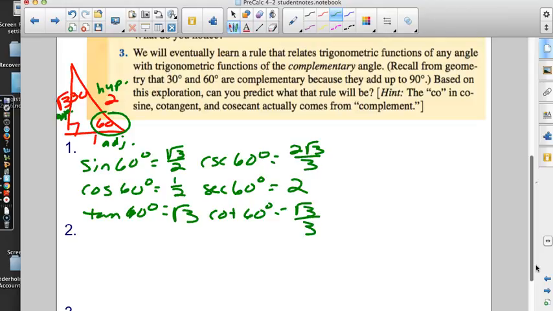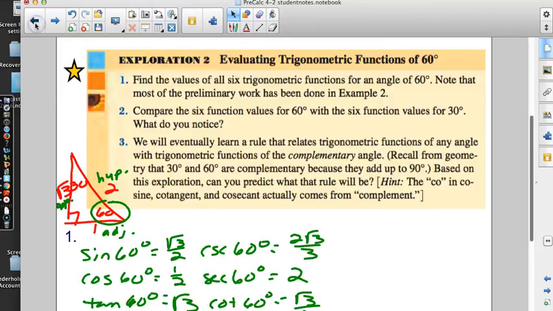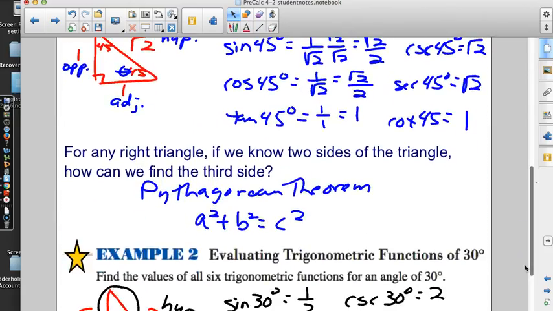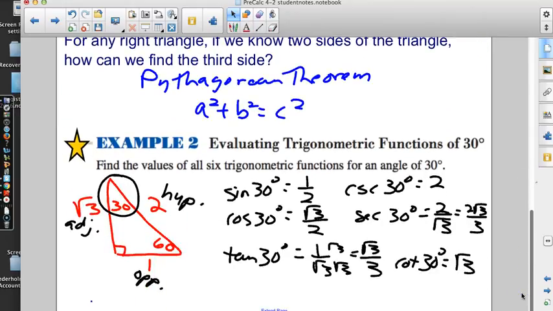Hey, wait a minute. Those look really familiar. Where's our 30-degree triangle? Back here, wasn't it? You say on the page we were just on.